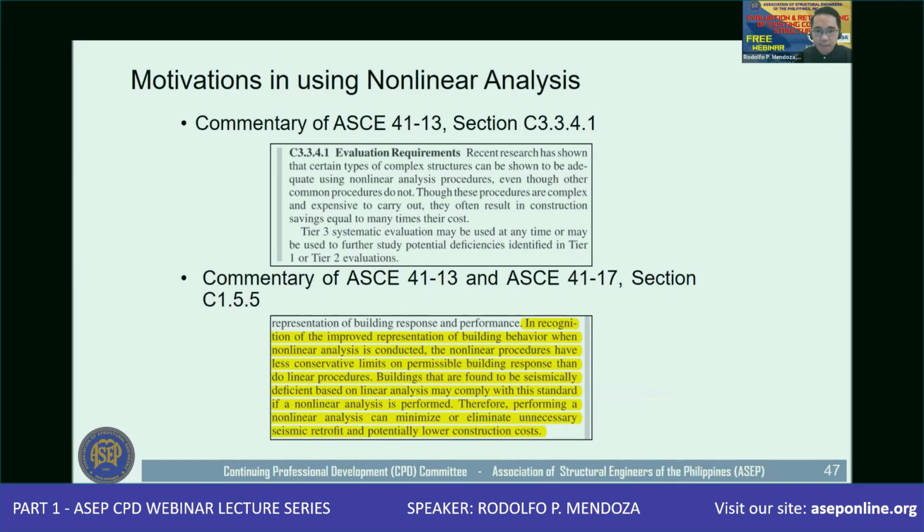And buildings that are found to be seismically deficient based on linear analysis may actually comply with this standard if a nonlinear analysis is performed. So these are based on past studies by some of the authors in the literature.